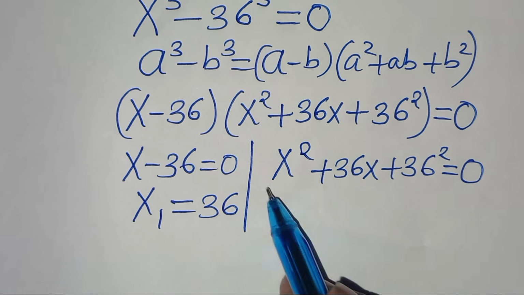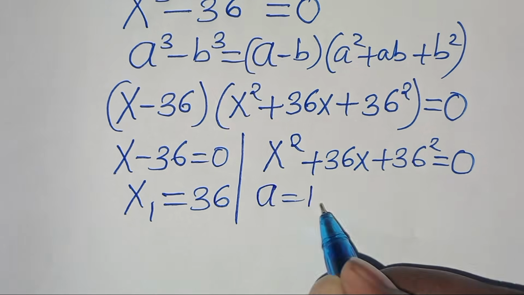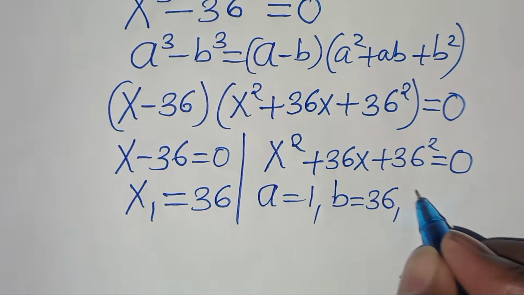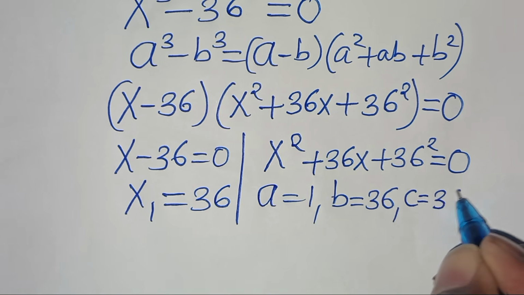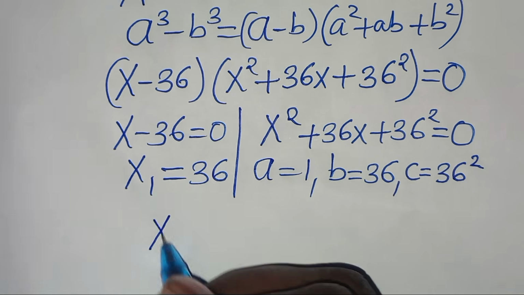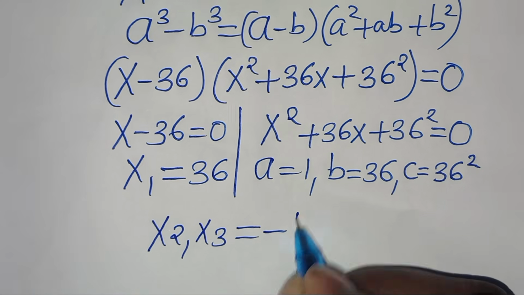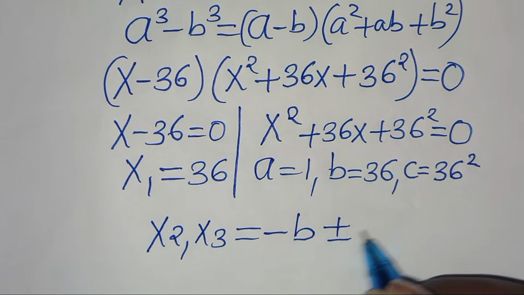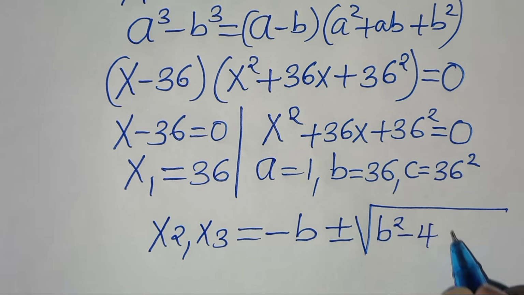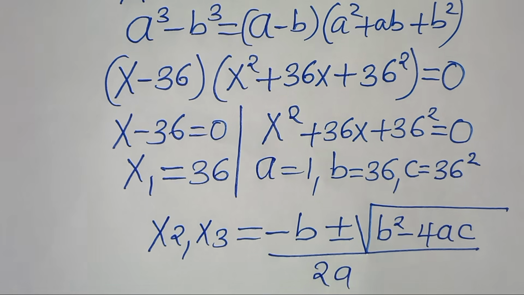The second part, we have a quadratic equation where we have a is equal to 1, b is equal to 36, and c is equal to 36 to the power of 2. Now we can solve for x2, x3 by applying the quadratic formula, which is minus b plus or minus the square root of b squared minus 4ac divided by 2 times a.